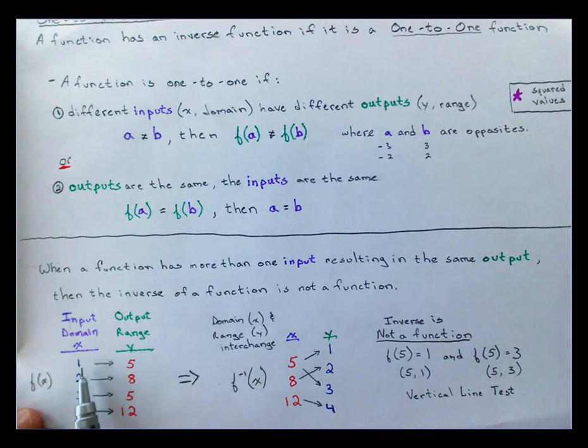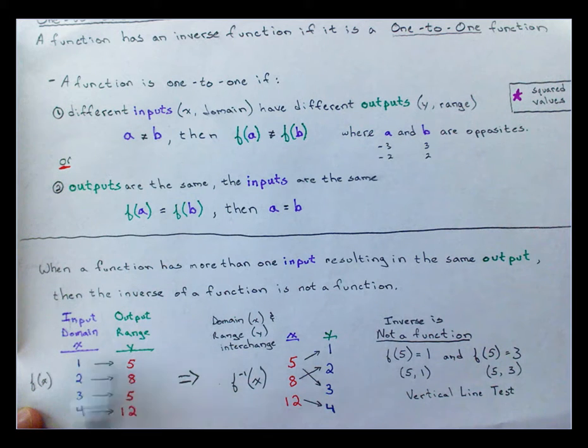If you'll notice, each individual value in the domain has a corresponding y value. It does not have two values. I'm simply saying whenever x is 1, y is 5. But down here, whenever x is 3, y is 5. That is fine, as long as I don't say whenever x is 3, y is 5, and whenever x is 3, y is 12. Each individual x has its own output.